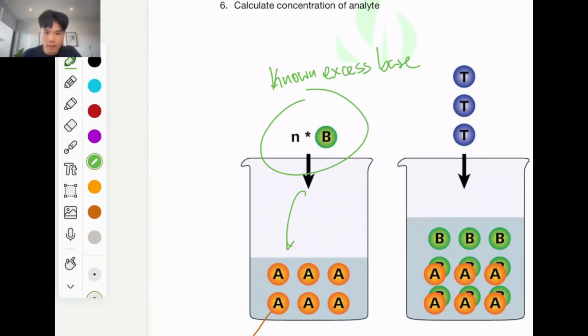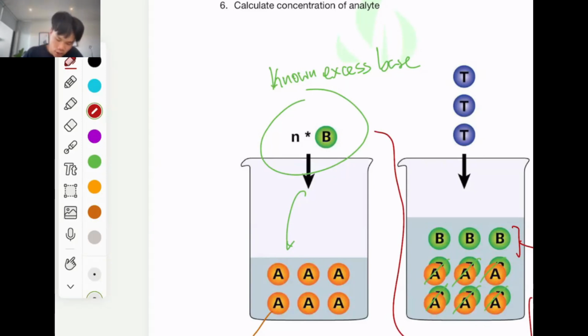Therefore, all of the acid will be reacted, all of it. And you'll have an unknown excess of the known excess base. So the known excess base, we knew how much we had, but we don't know how much of that excess is going to be left over after we dump it into the unknown amount of acid.